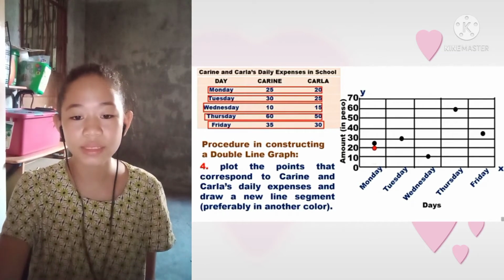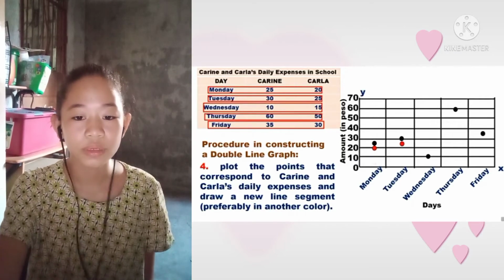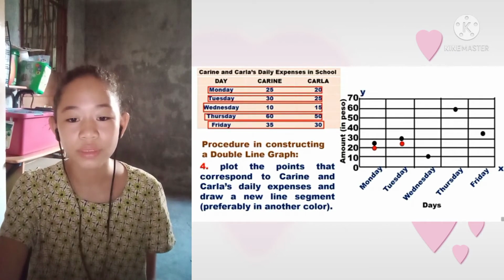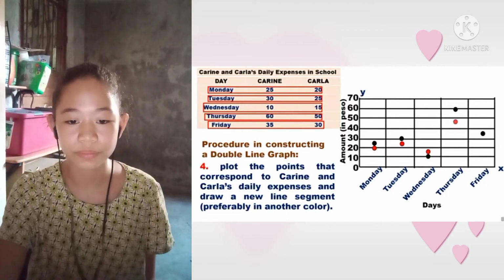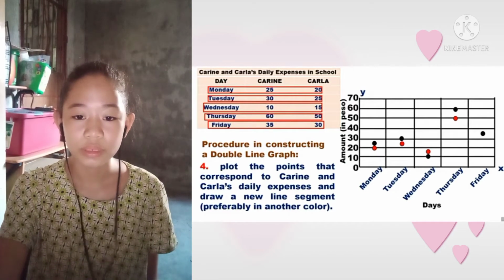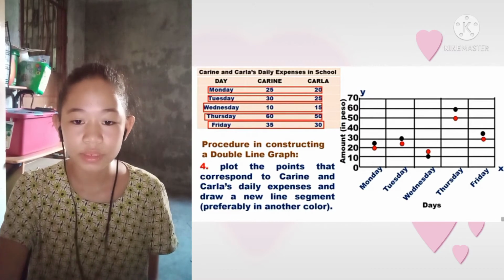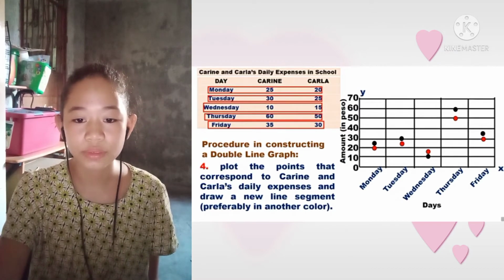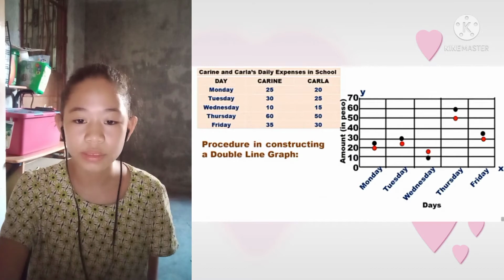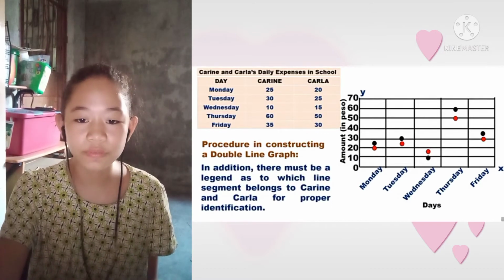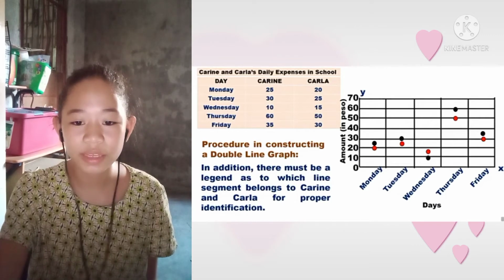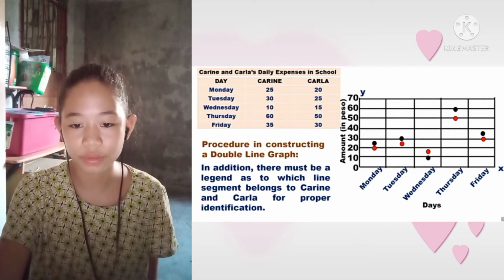Thursday, 60 pesos. And Friday, 35 pesos. For Carla: Monday, 20 pesos, Tuesday, 25 pesos, Wednesday, 15 pesos, Thursday, 50 pesos, Friday, 30 pesos.